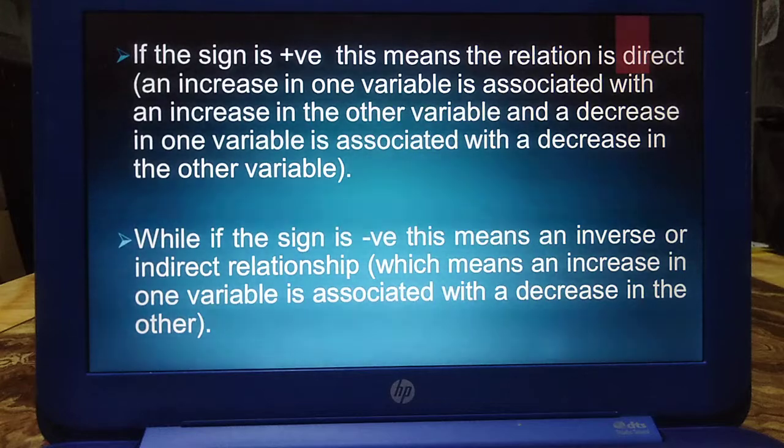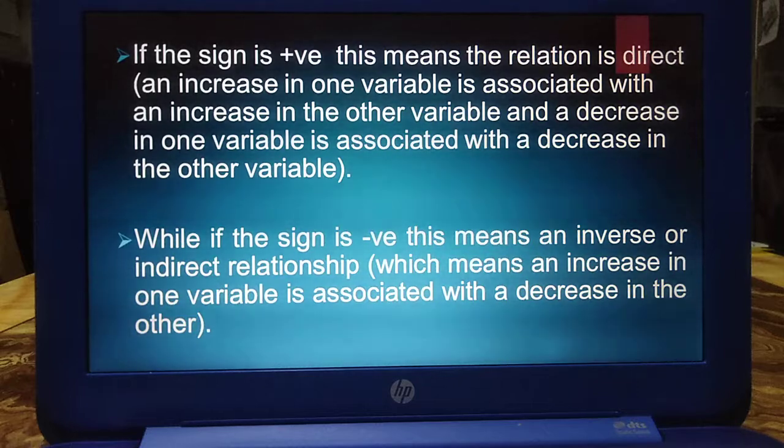Now, again, if the sign is positive, the relationship is direct, which means that an increase in one variable is also an increase in the other variable, or a decrease in one variable is also a decrease in the other variable. While if the sign is negative, it means that it has an inverse relationship, which means that if one variable increases, the other variable decreases.